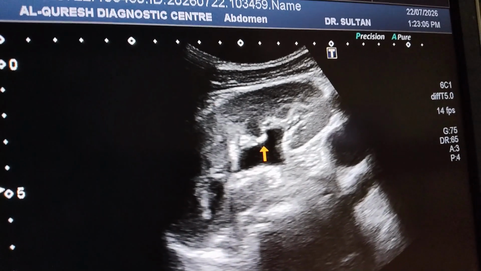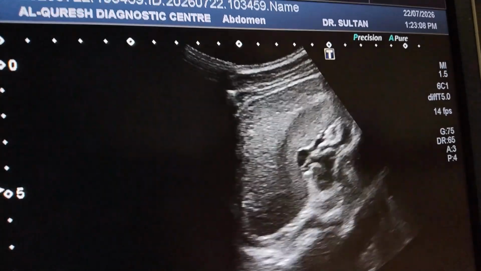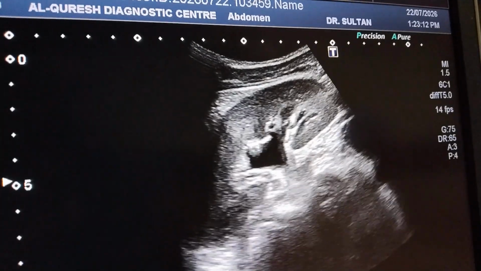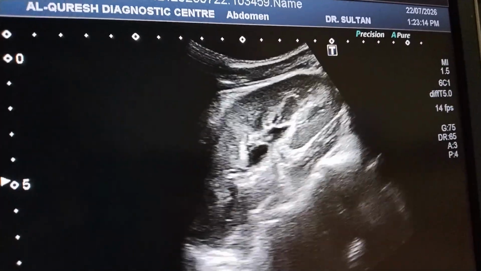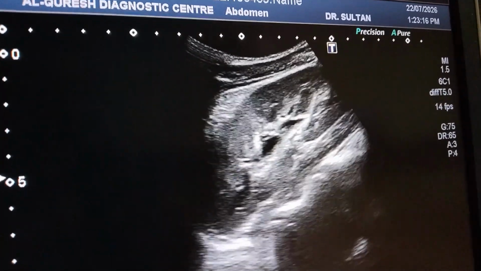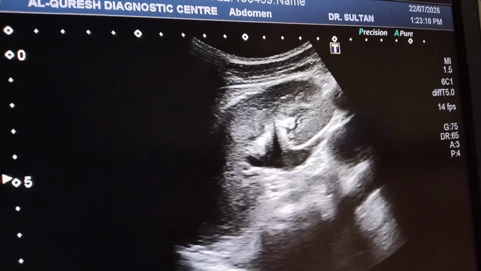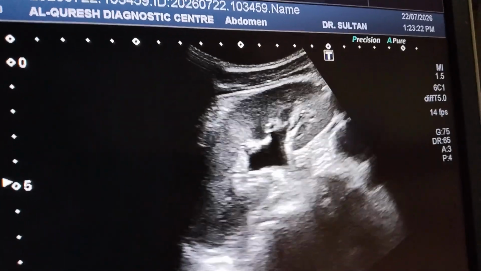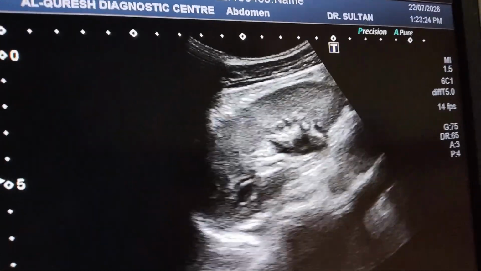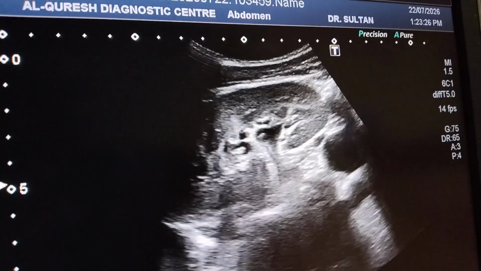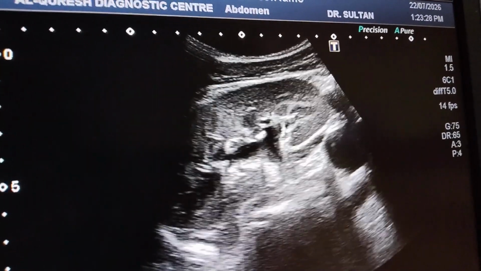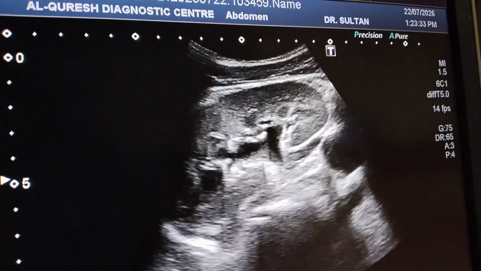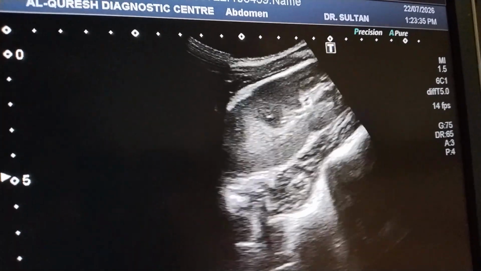So this may mislead the urologist. So I would like to avoid this term concretion as a substitute for a tiny calculus. So always try to use tiny stone, sinus fat or indeterminate echogenic focus.